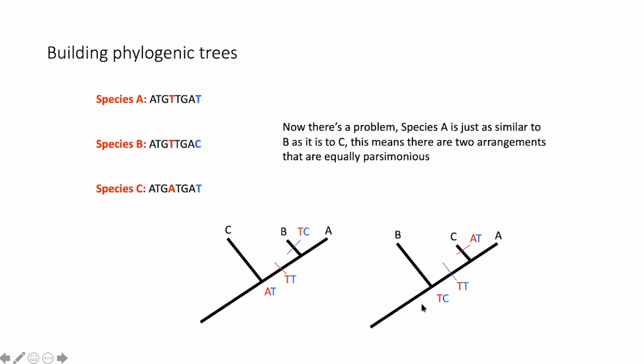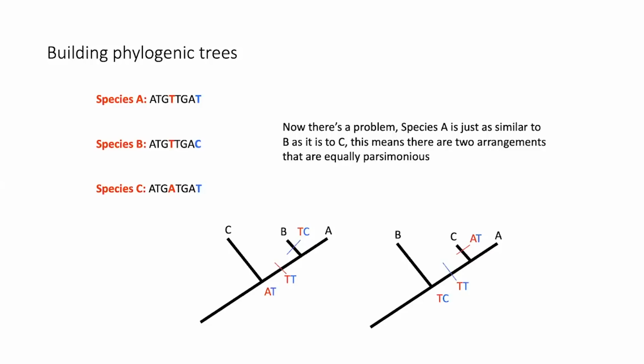But we could equally explain this by TC being this ancestor and no change happening out here, with one change happening here, that C changing to a T, and that leads out to A. And then off of this branch, just like over here, but now leading to C, we have a flip of that first site to an A. So now we have two equally parsimonious phylogenies, and we can't make a decision between them.